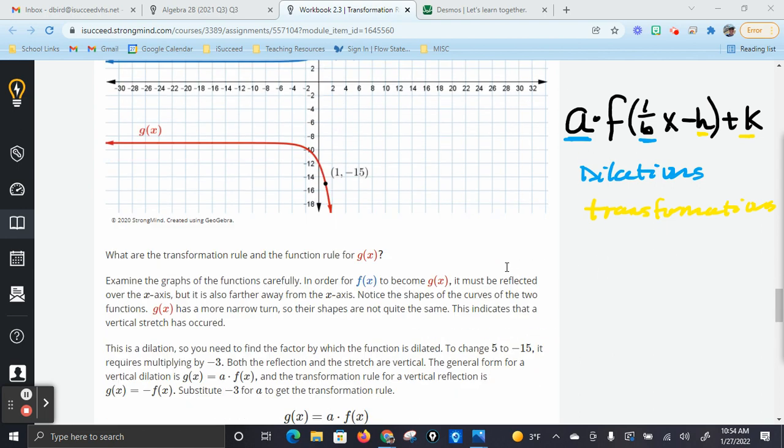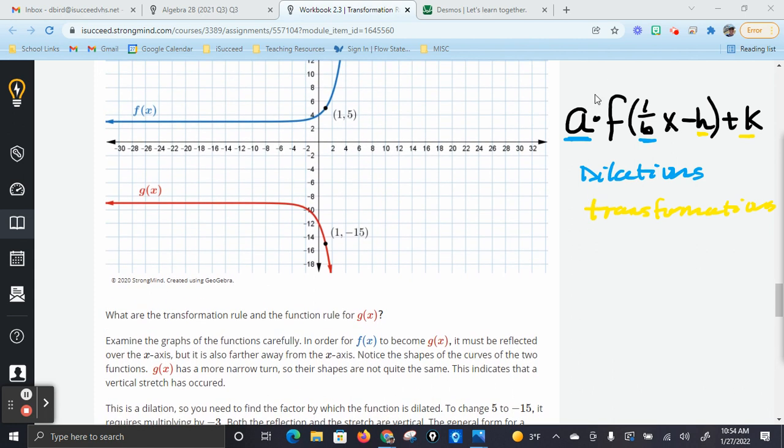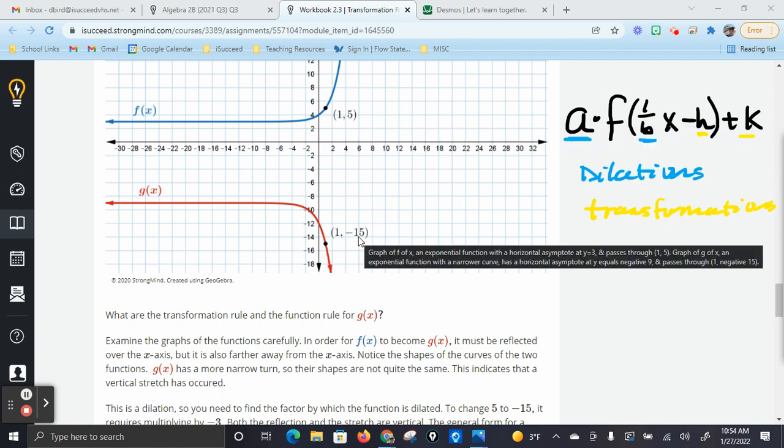Well, as you read down below, you can tell that it's going to be reflected over the x-axis. So that is going to denote that we have to have a negative a value. But then I can also tell that the y values are a lot bigger or further away from the x-axis. So this 5 somehow got stretched to be a -15.